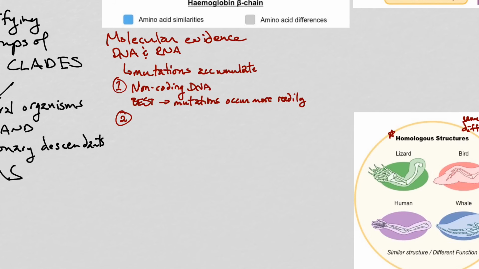So number two, we could be using gene sequences, which are the coding portions of DNA. These mutate at a slower rate. And the reason they mutate at a slower rate is because these mutations could affect protein structure, and it could be a change so dangerous that that particular organism doesn't survive.